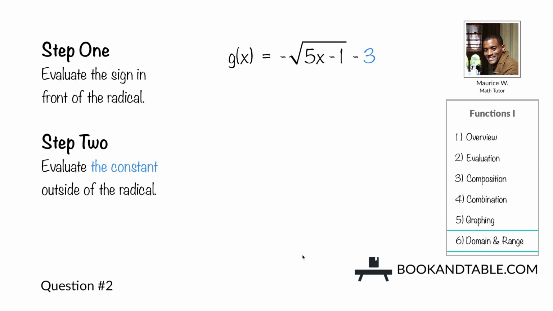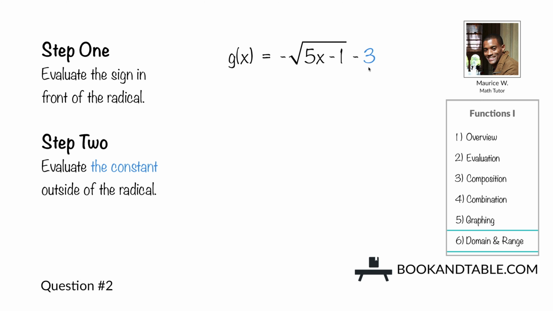Let's now have a look at question number 2. We are given g of x is equal to negative square root of 5x minus 1, minus 3. Step 1, evaluate the sign in front of the radical. It is negative. This lets us know that the function is flipped and it is going to trend down towards negative infinity as the low point.